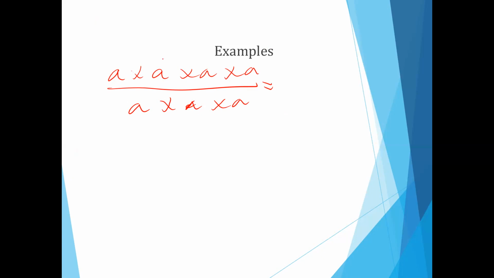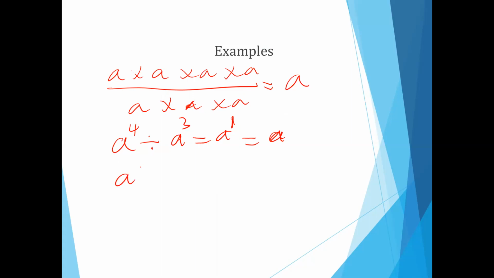So this divides that, this divides that, this divides that, so we shall get a. And so in effect, we can say that a raised to the power 4 divided by a raised to the power 3 will give us a. In actual fact, a raised to the power 1, which is equal to a.